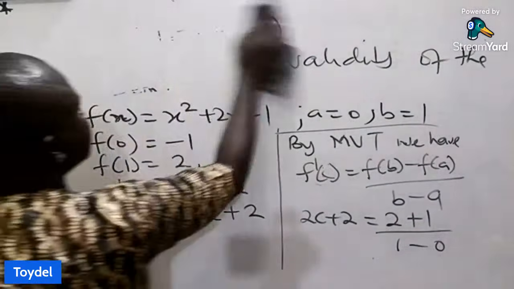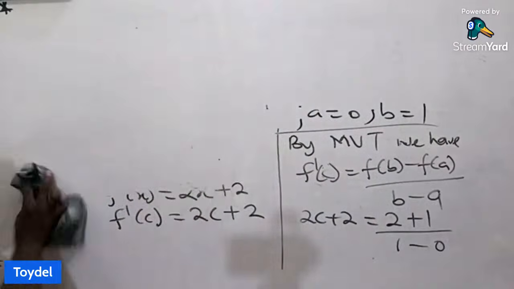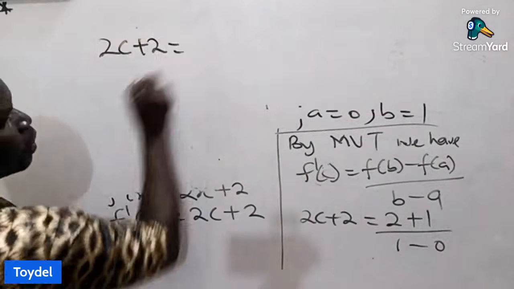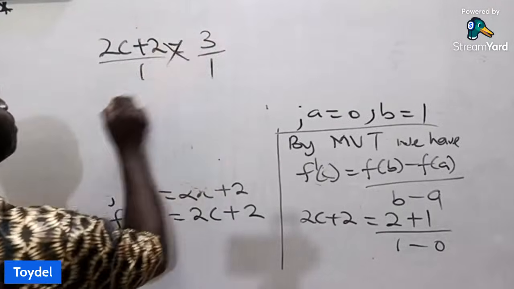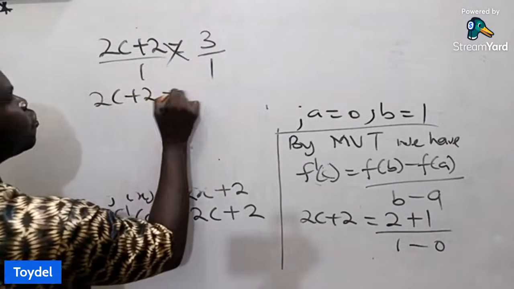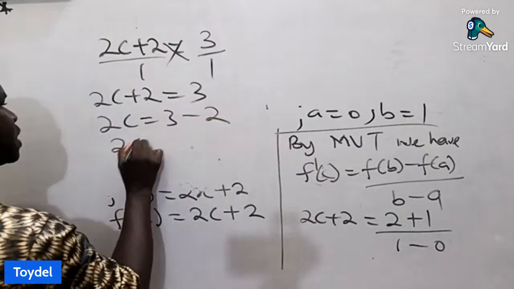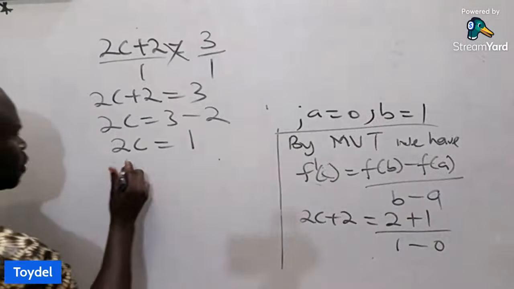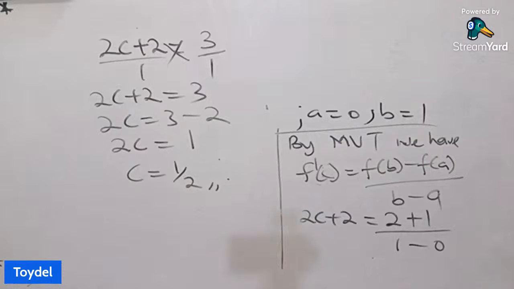When you cross multiply, we have 2c plus 2 equal to 3. So 2c is equal to 3 minus 2, so 2c is equal to 1, and we realize that c is equal to half.